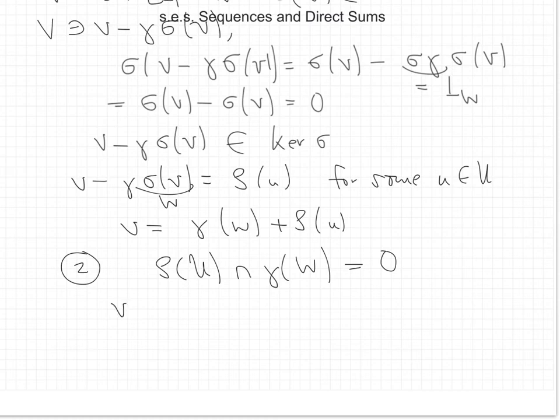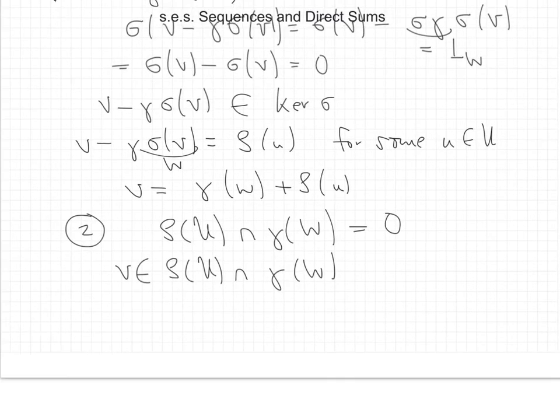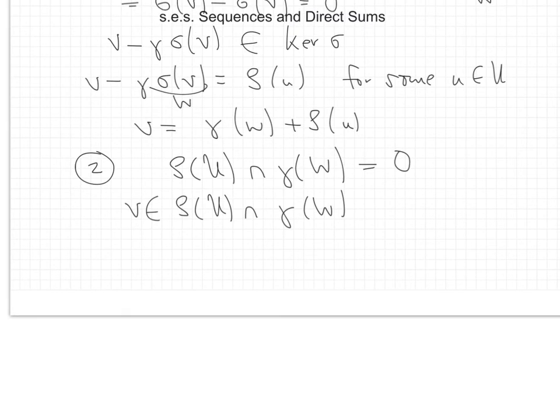So let's pick a vector v in this space rho of U intersected with gamma of W. What does that mean? It means that v is rho of u for some u in U, and v is also gamma of w for some w in W.